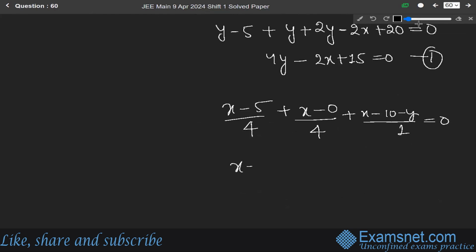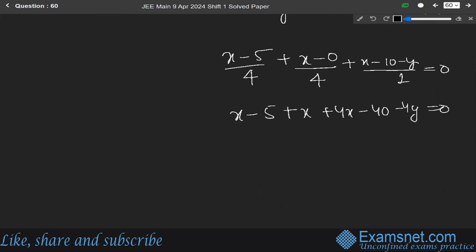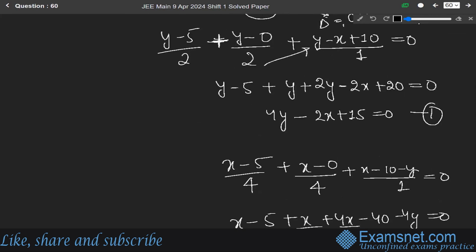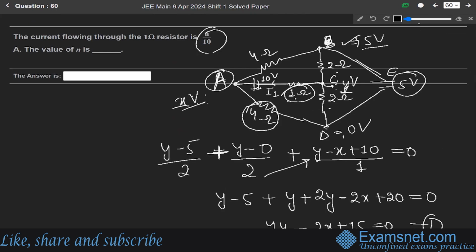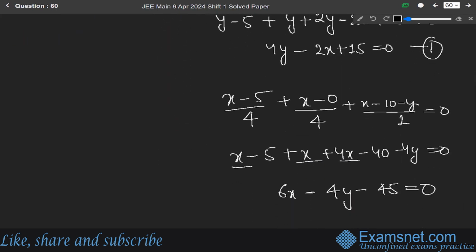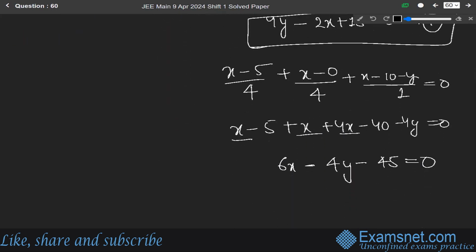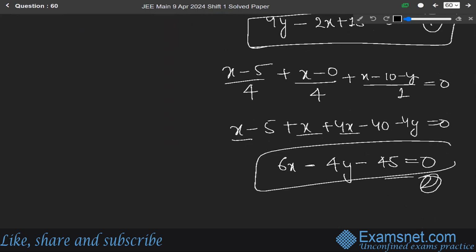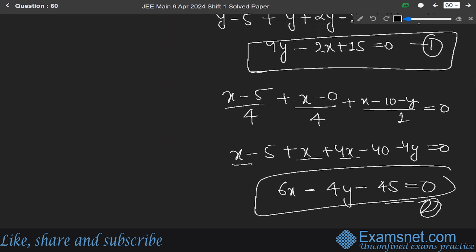So again taking LCM, X minus 5 plus X plus 4X minus 40 minus 4Y will be equal to 0. So simplifying it, we get 6X minus 4Y minus 45. It will be equal to 0. We have to find the value of N. This is equation 1 and this is equation, let us say, 2: 6X minus 4Y minus 45.